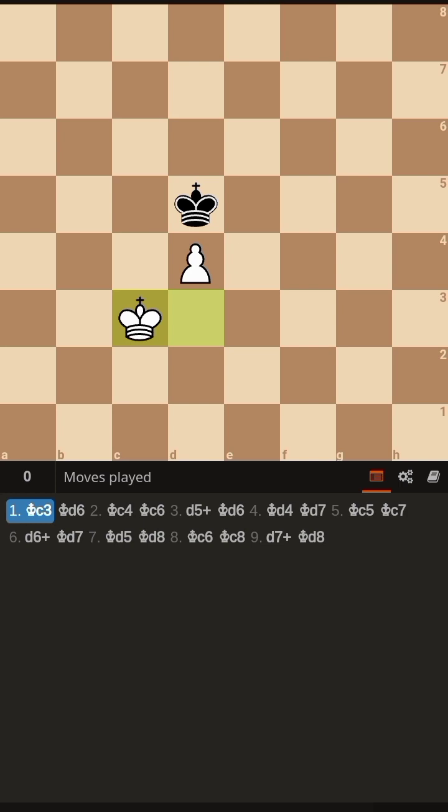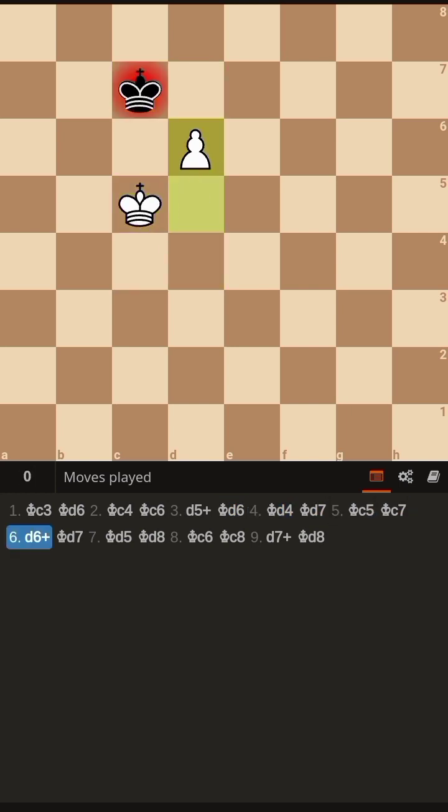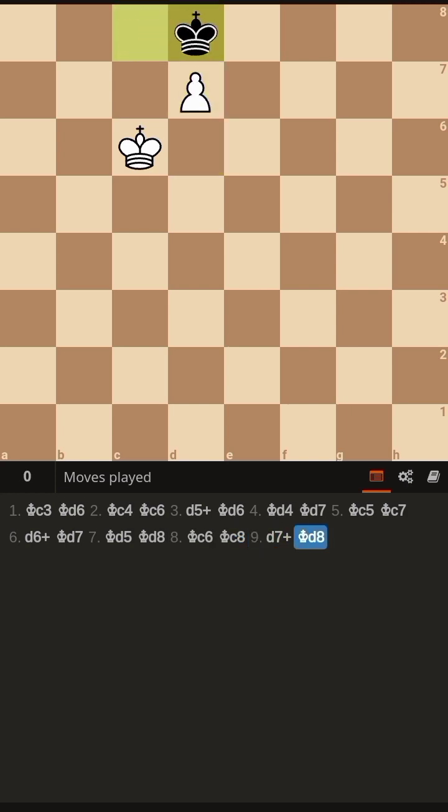King c3, king d6, king c4, king c6, d5 check, king d6, king d4, king d7, king c5, king c7, d6 check, king d7, king d5, king d8, king c6, king c8, d7 check, king d8 and king d6. This is a draw by stalemate.